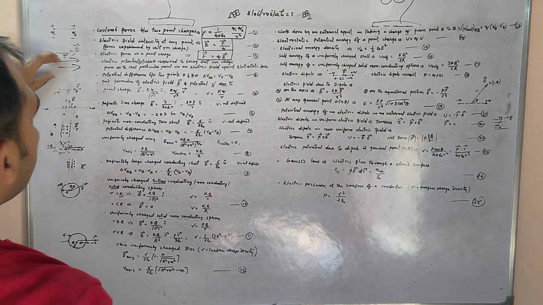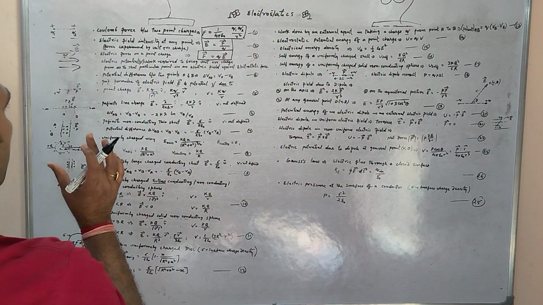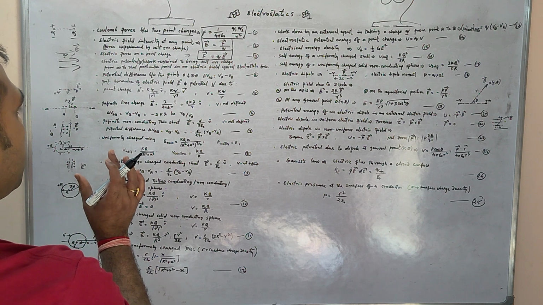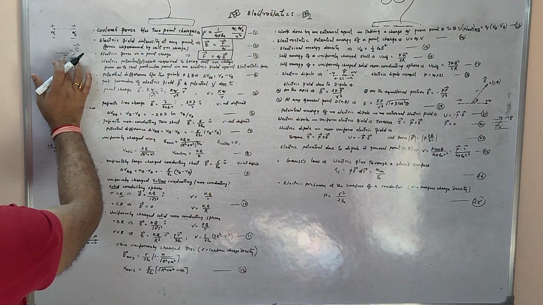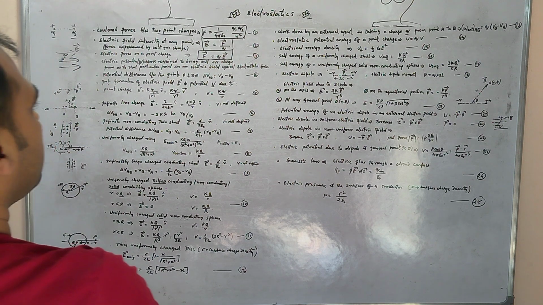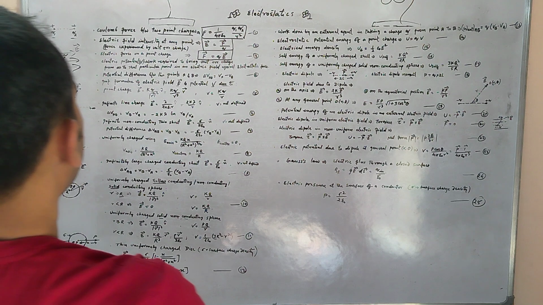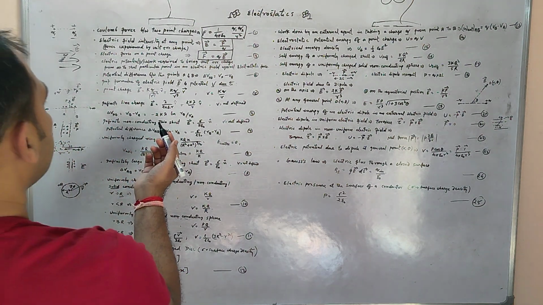So the work done by an external agent to bring a unit positive charge to that particular point will decide the potential of that particular point. Hope you got it.